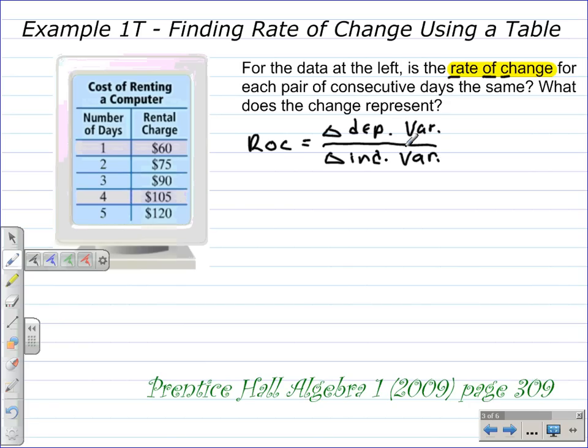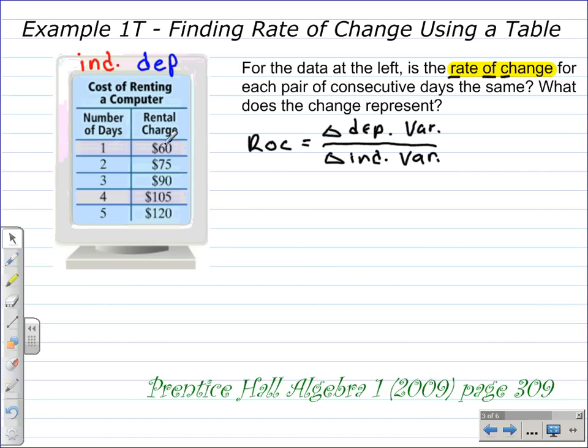Now, a quick way to identify independent and dependent variables when you have a table: typically, the first column is the independent variable, and the second column is the dependent variable. That's the way it's laid out.